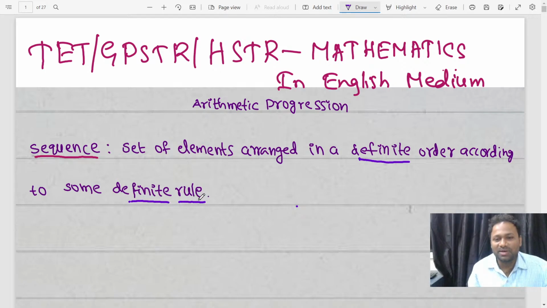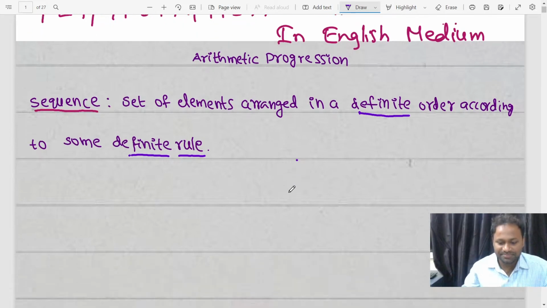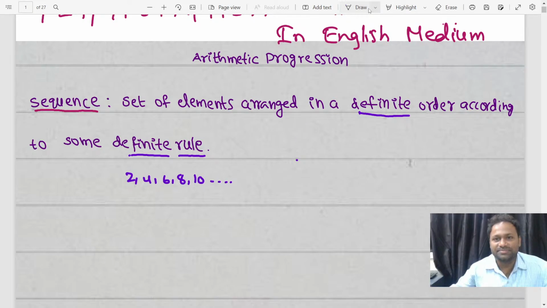What do you mean by definite order? Definite order means a particular order should be there. To understand easily, I will give one example. Simply, we can write a definite order like 2, 4, 6, 8, 10 and so on.